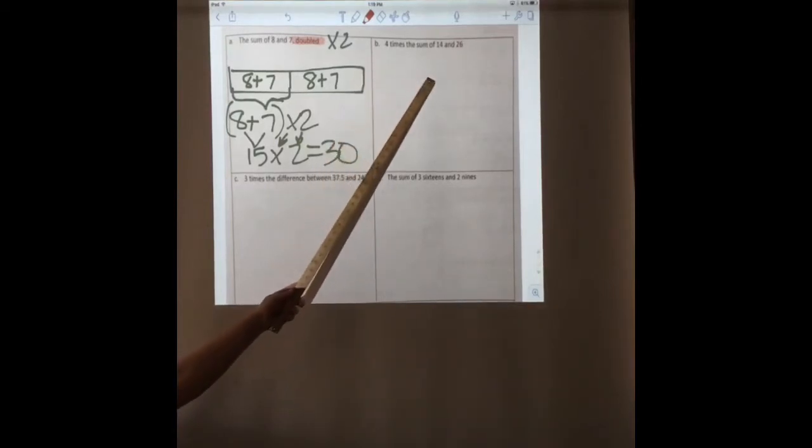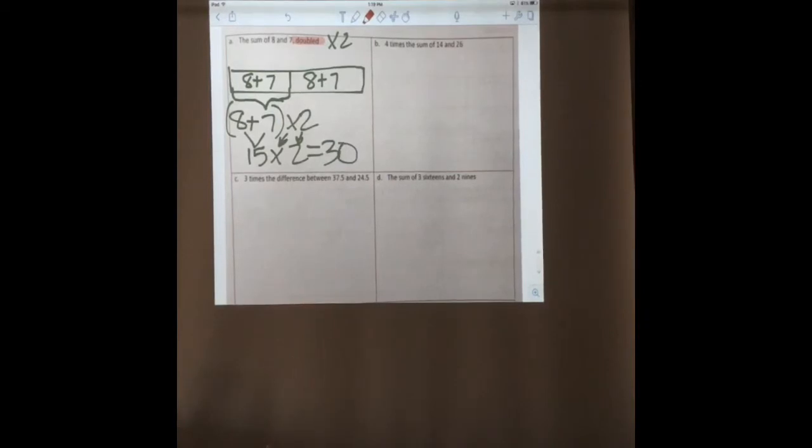4 times the sum of 14 and 26. What's our clue there? Our clue is the 4 times, right? So that means we're going to be multiplying by 4, right? And the sum of 14 and 26 is going to be like that. So we could just go ahead and draw it out in our box with our tape diagram, and we can cut this up into how many pieces? 4, right.